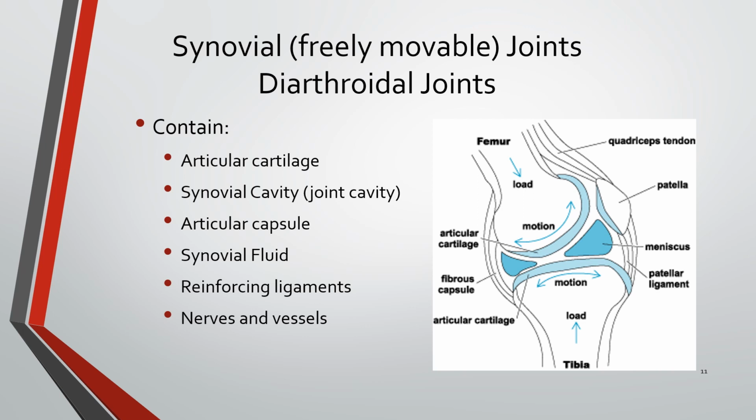We actually have a joint cavity as well, an articular capsule. So the capsule itself provides basically a joint-filled cavity. And within that particular capsule, we have what's called synovial fluid. And you can see, does it show synovial fluid?